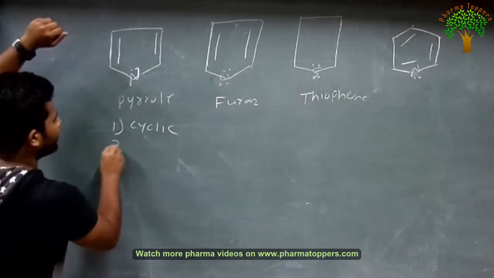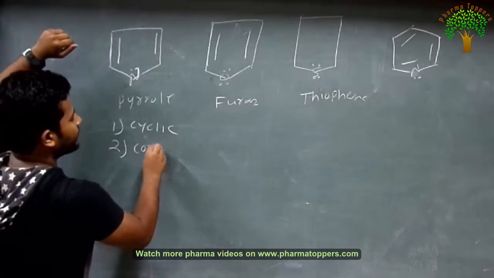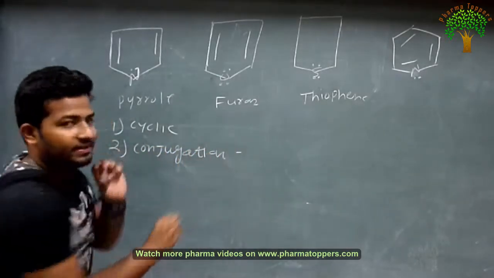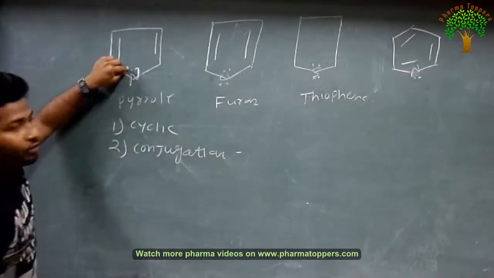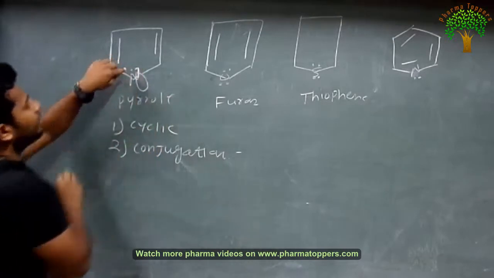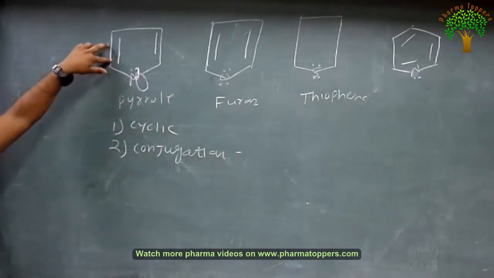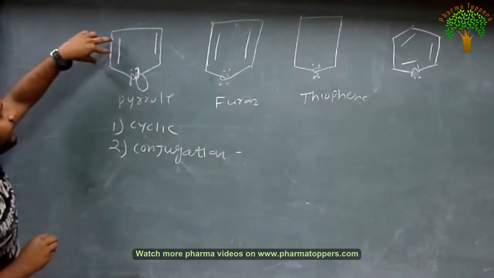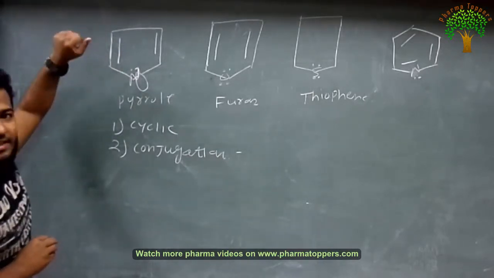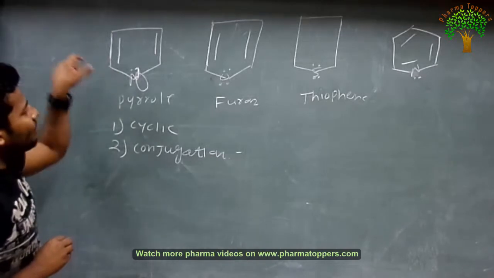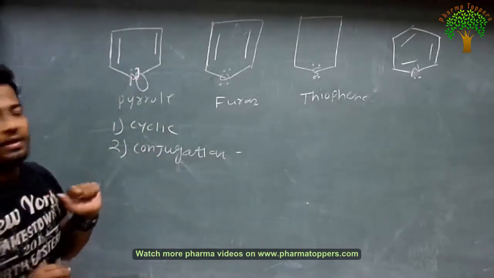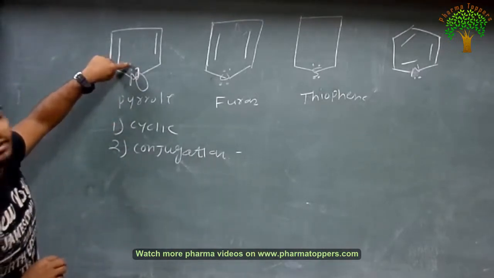First rule is obeyed. Second is conjugation. Always remember, a lone pair of electrons also sits in a p orbital, like this. This overlaps with the pi electrons present in the double bond. That's why the lone pair also contributes in this structure. That's why there is a conjugation between this double bond, single bond and the lone pair of electrons. That's why this obeys conjugation.